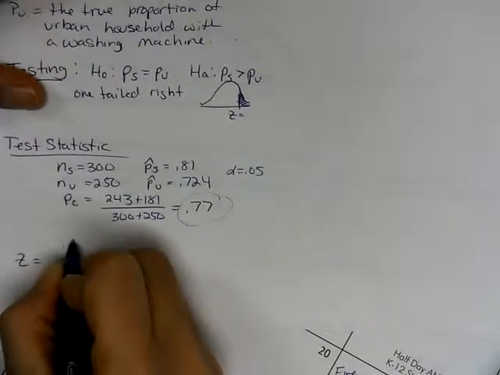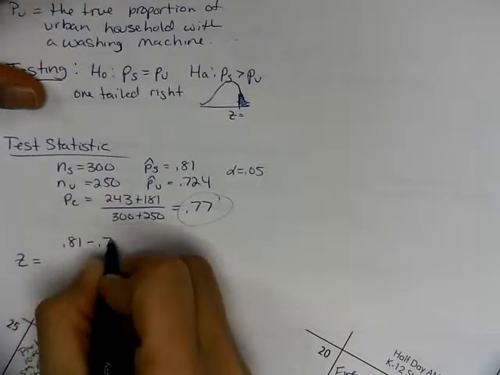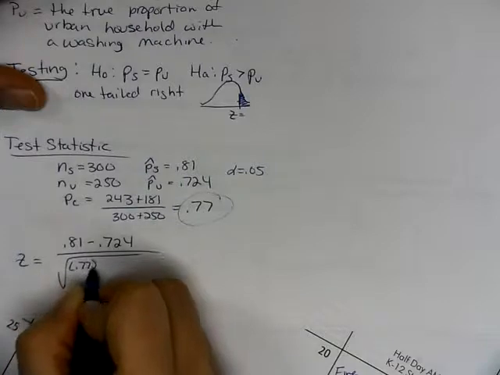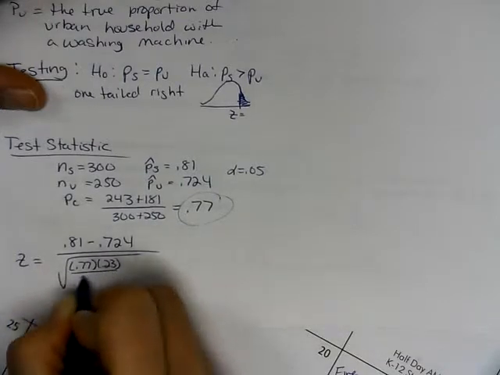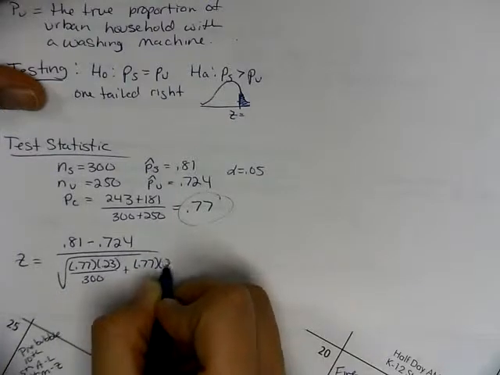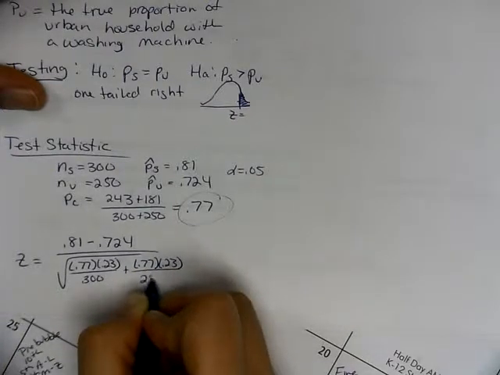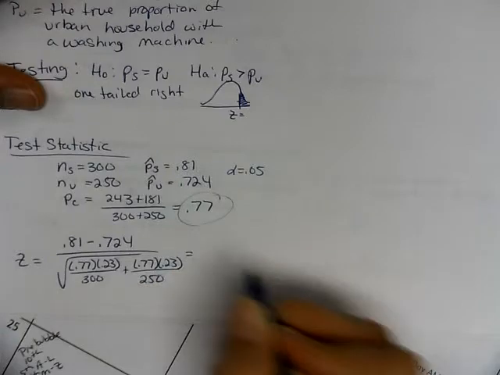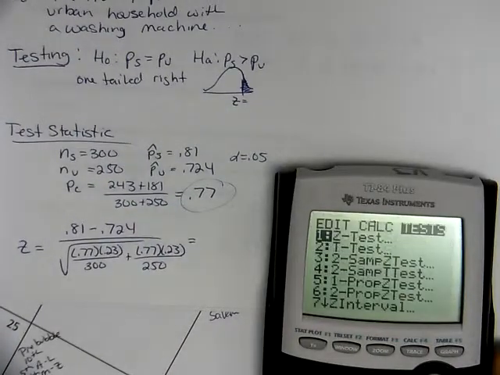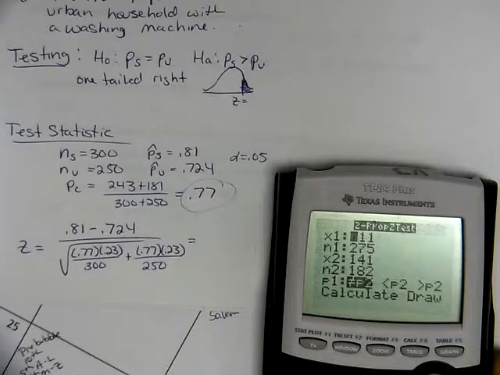So Z is 0.81 minus 0.724 over the square root of 0.77 times 0.23 over 300 plus 0.77 times 0.23 over 250. Now I've got to use the calculator. I mean, you can do the math if you want.